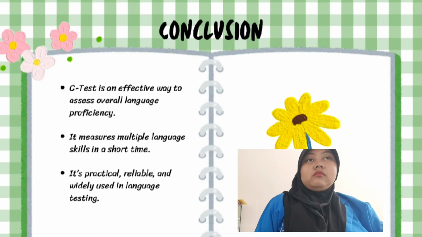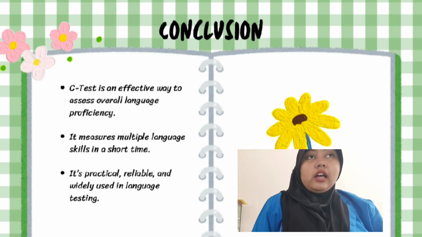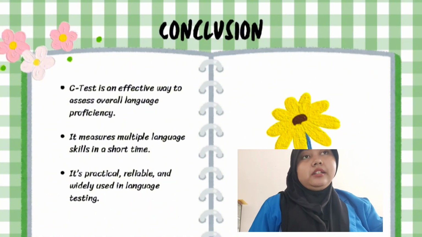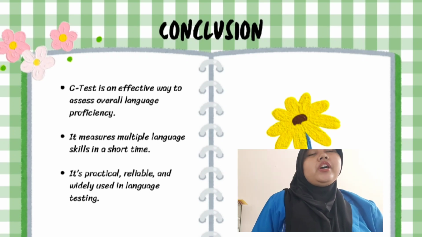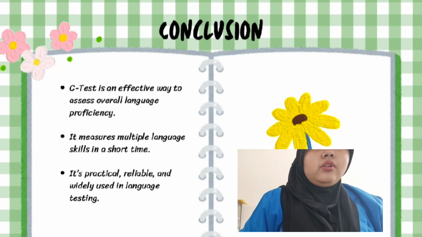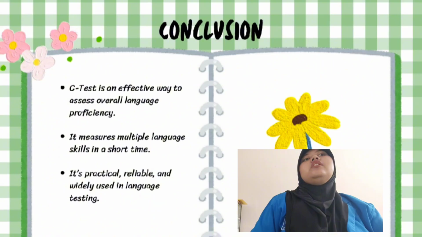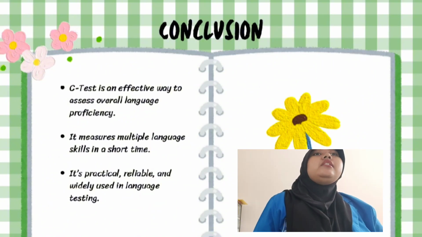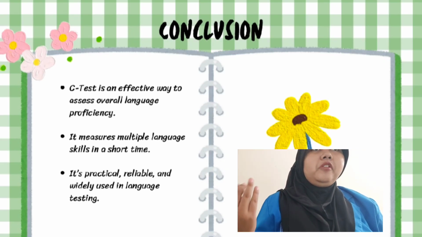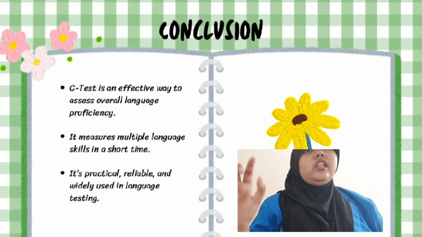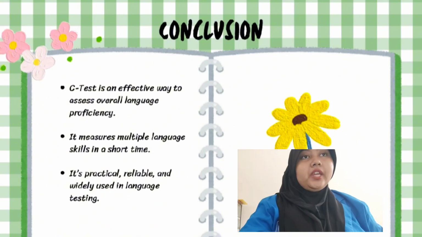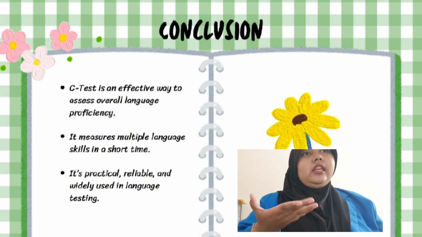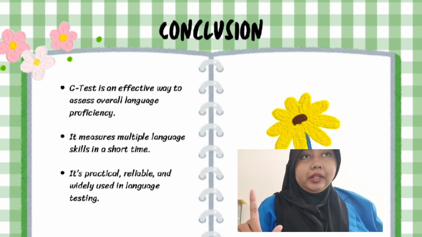Alright, this is maybe the last slide for the presentation in part 1 of language assessment. Next is the conclusion. The C-test is an effective way to assess overall language proficiency, and it is widely used in language testing.